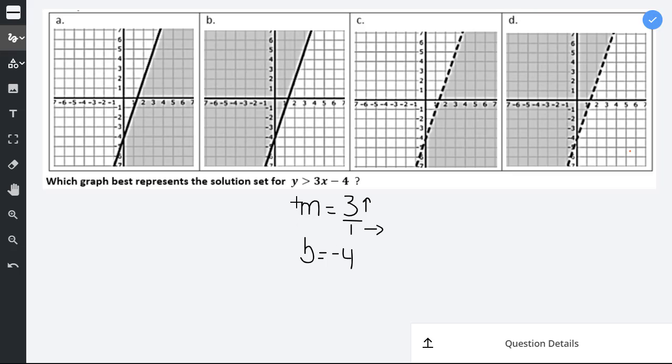Looking at these 4 multiple choices, first of all, we notice that our inequality sign does not have a dash underneath. So we can go ahead and eliminate letter A and B because both have solid lines and we're looking for something that is dashed. Now we look at the y-intercept and we notice that both graphs start at -4, and then the slope is up 3 over 1. So they both have the same slope.